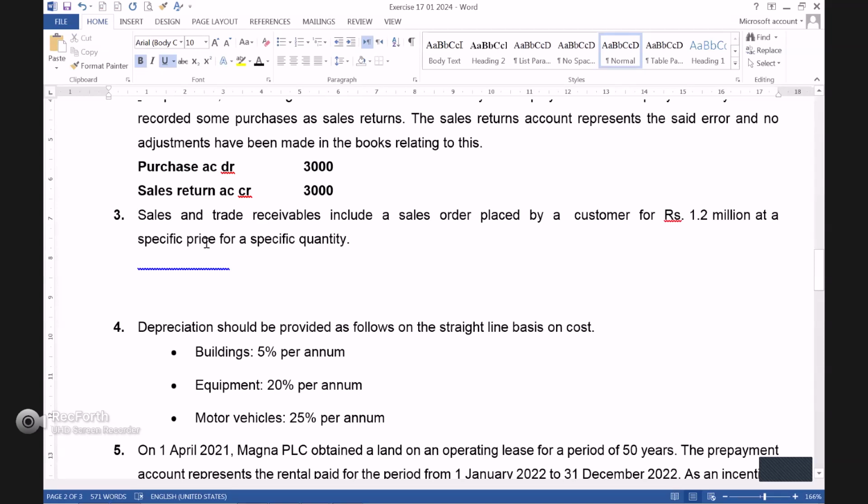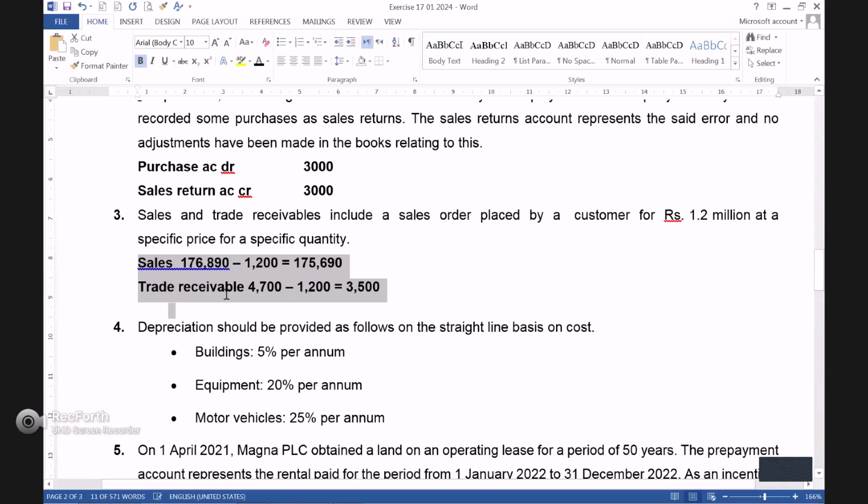This is an unrecognized sale of 1.2 million, because the sales order was placed, but the sale did not happen. There is no recognition as a sale. Therefore, we have to deduct 1.2 million from sales and trade receivables: 176,890 minus 1,200.